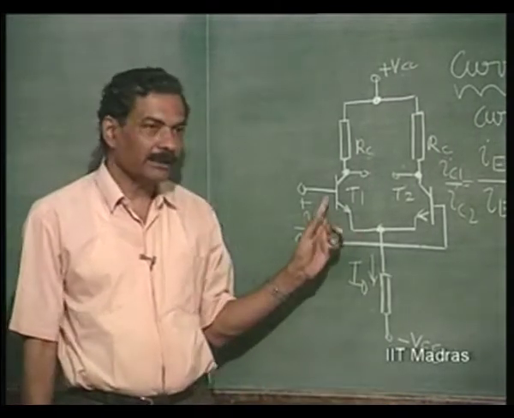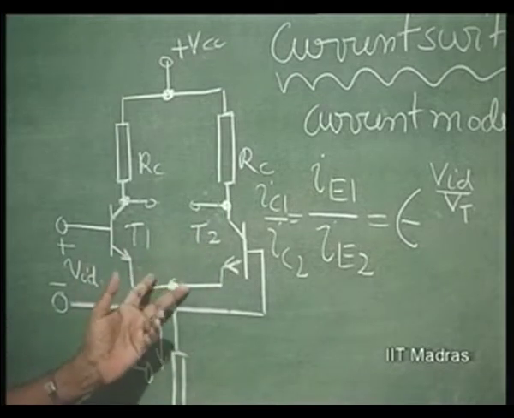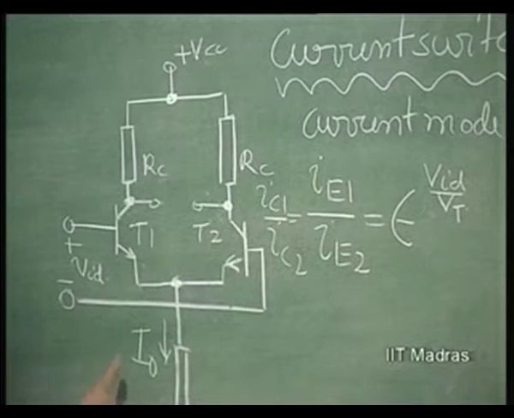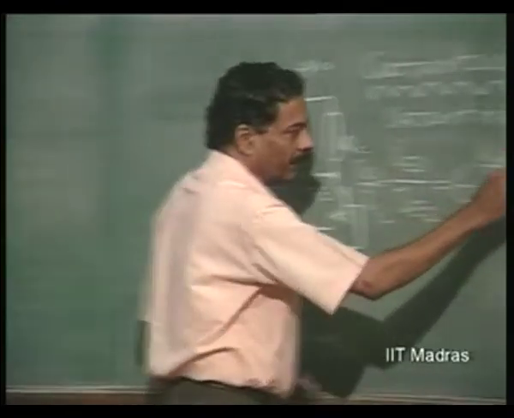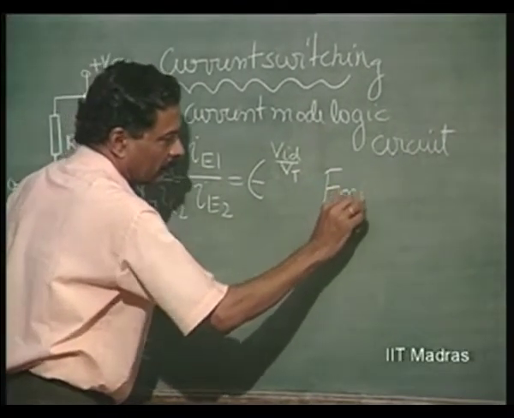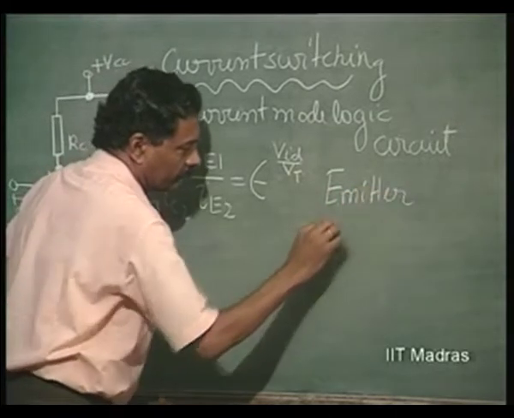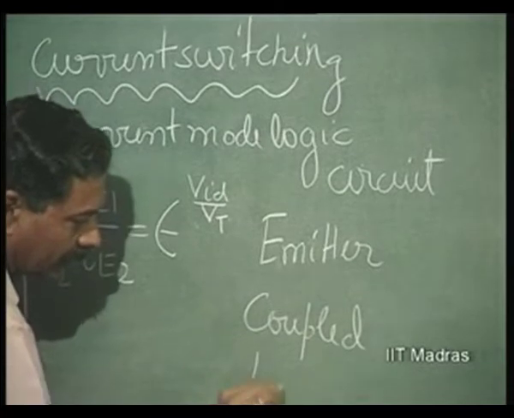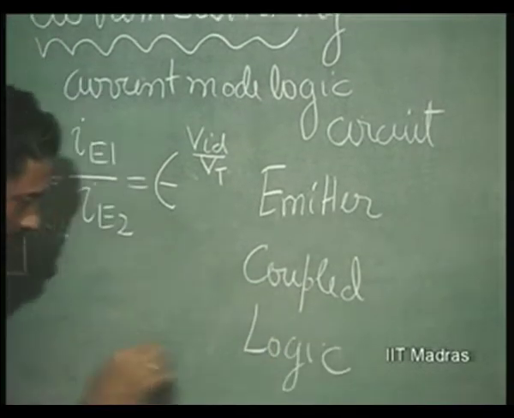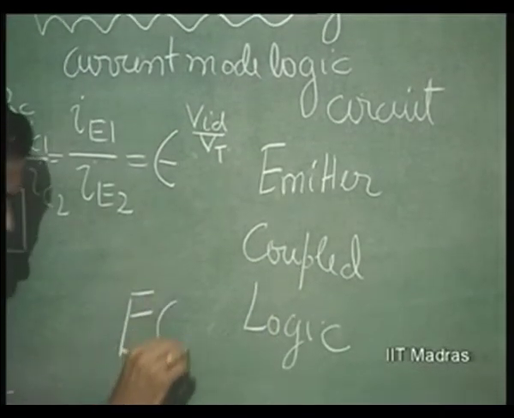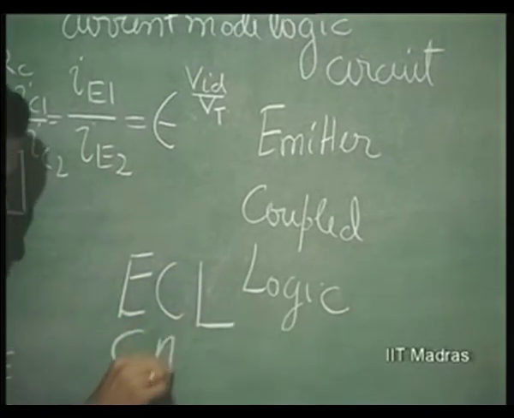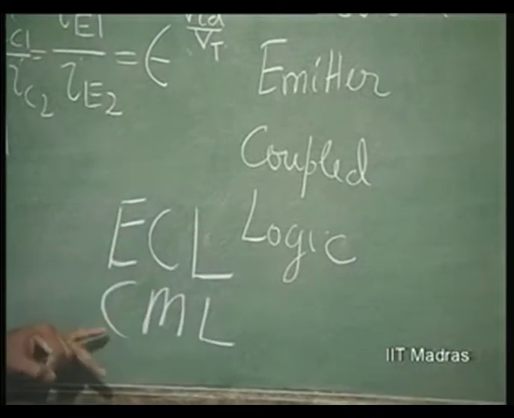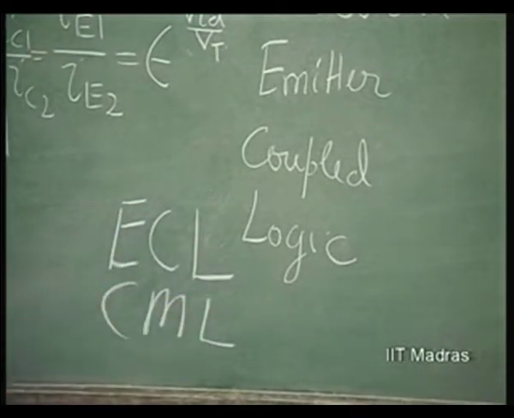The emitter is coupling these transistors; they are coupled at the emitters to a common point. So, this is called emitter coupled logic, or popularly ECL, or current mode logic, ECL or CML.